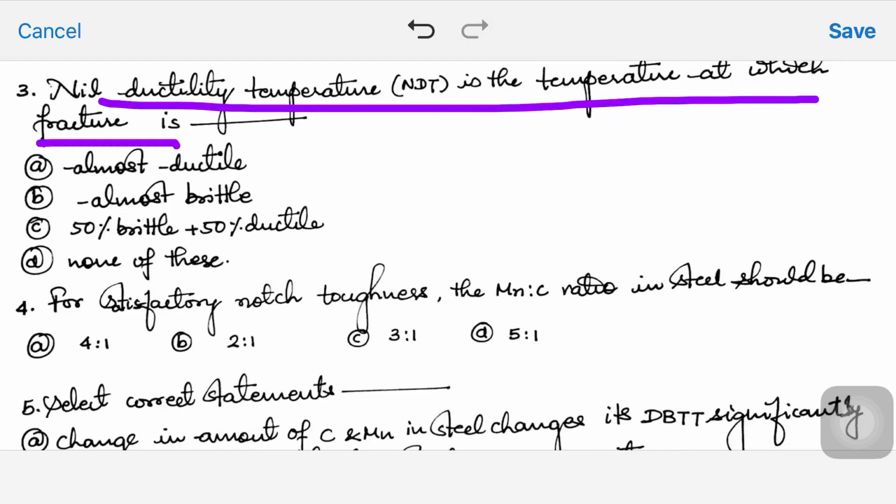Okay, there is no plastic deformation, there is directly brittle fracture or cleavage fracture, and we can say it is almost brittle fracture that will occur here, and the option will be B. And below the nil ductility temperature, the ductile fracture is almost negligible, that is 100% brittle.